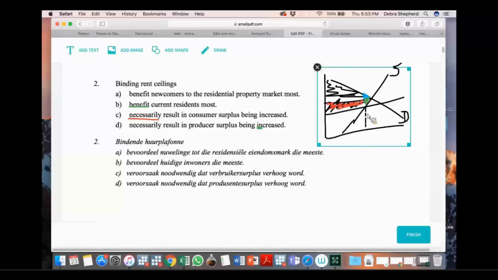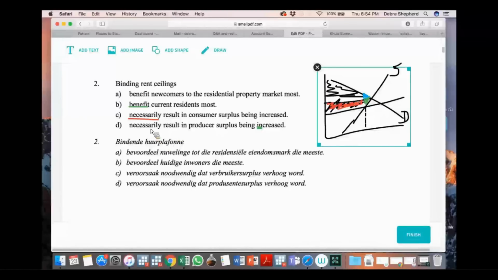Consumer surplus is increasing because prices are lower, but consumer surplus is also decreasing because quantity is now lower. And we can't say which of those is going to have a bigger effect unless I actually gave you a picture and you could see it. So without any further information in this question, you cannot necessarily know that consumer surplus is going to increase.